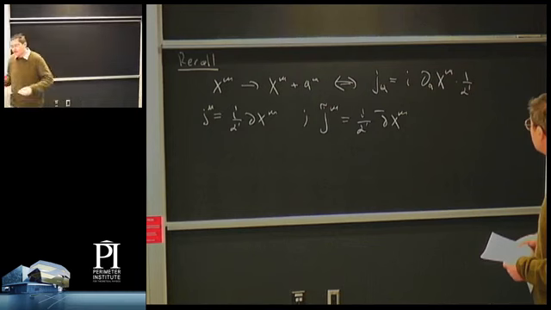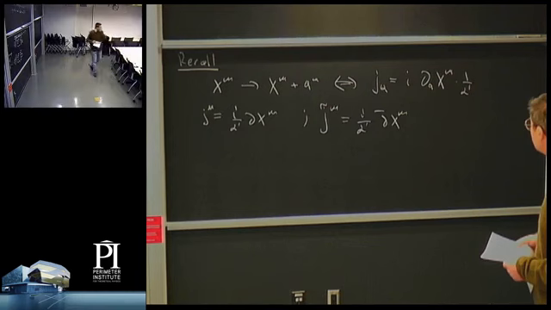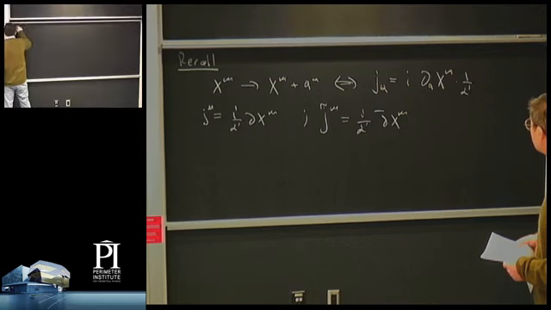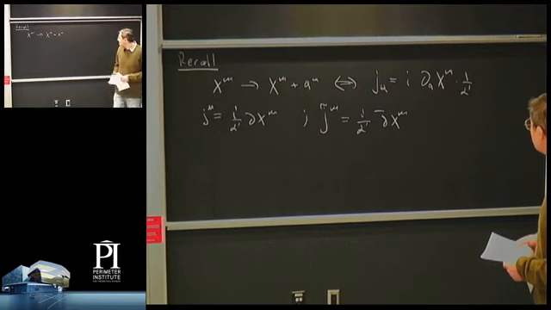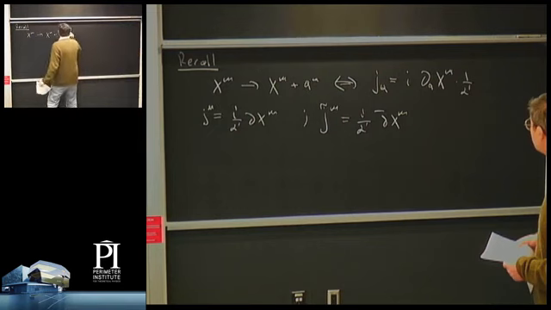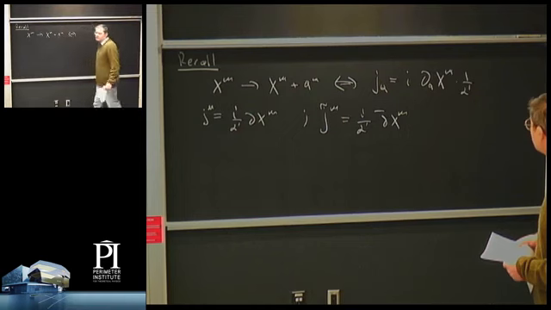Recall that when we studied various symmetries, one of the symmetries we discussed was when our fields X^mu got translated by a constant space-time vector a^mu, and there was a conserved current corresponding to this translational symmetry.